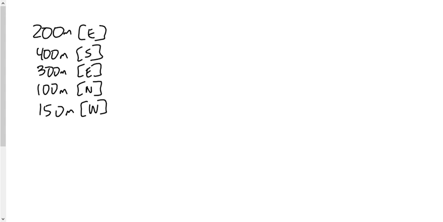Let's draw it first. We got 200 meters to the east. And then we have 400 meters to the south. Head to tail. Then we have 300 meters to the east.